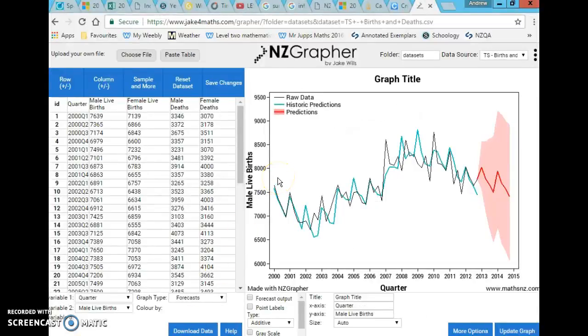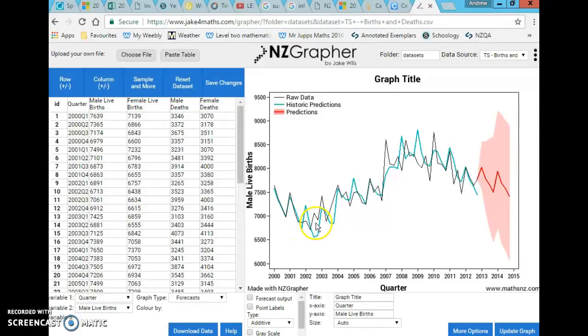Okay, just want to spend 2 minutes talking about predictions. That'll take me to 10 minutes. This context here is male live births. Raw data is in black. The model is in blue. And I would imagine the residuals are quite large here. Why do I imagine that?